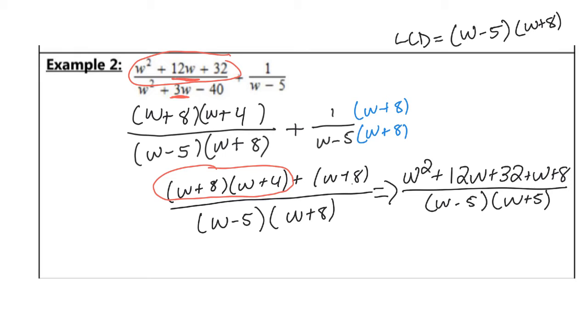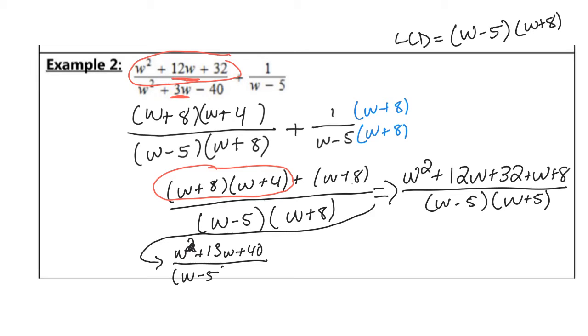Then it becomes, bring this down right here, w squared plus 13w plus 40 all over w minus 5 times w plus 8. Let's factor this numerator.